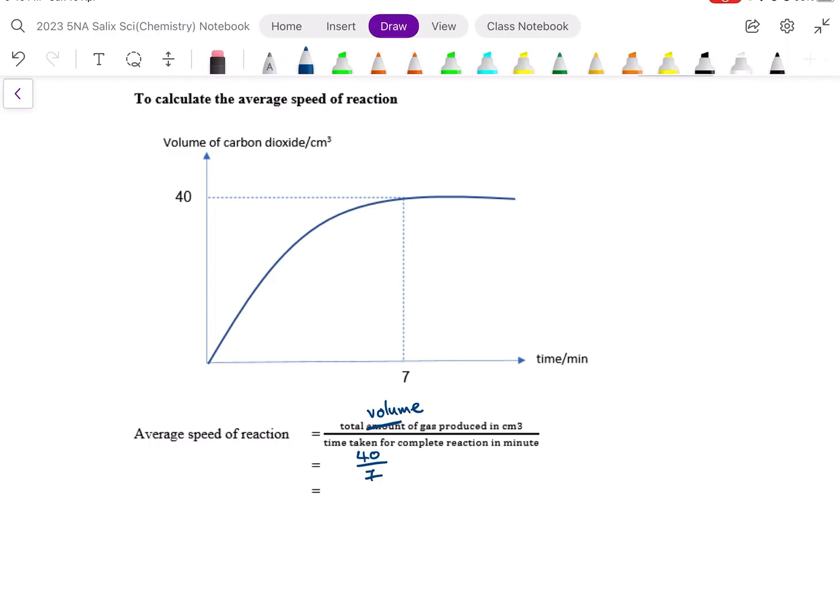If we calculate this out, you should get 5.71 centimeter cube per minute, because you produce 40 centimeter cube of gas in 7 minutes. So this is the speed of reaction. Make sure you leave the final answer in 3SF, not in fraction. This is something that you should take note of.